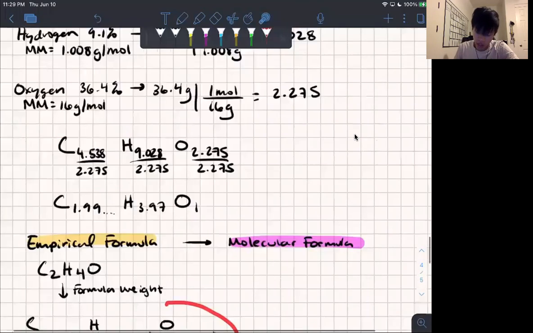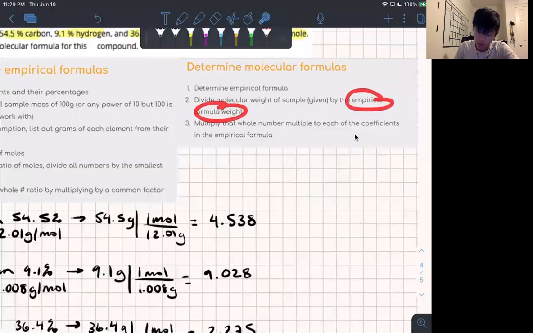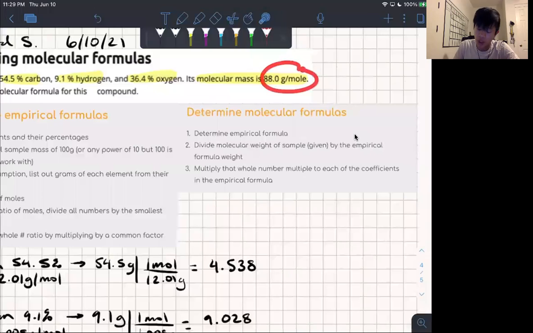So that's what we just calculated. Now we have the empirical formula weight. We need to divide the molecular weight of the sample, which again is given, by the empirical formula weight.